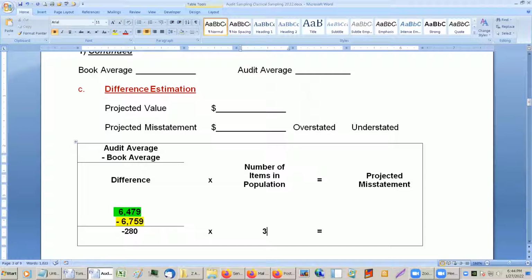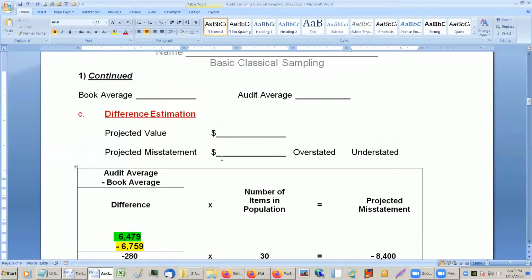So times 30. Projected misstatement, 8,400. It's negative here because this is how much they should take off basically. For the projected misstatement, we're not going to put a negative in there. It's just going to be a misstatement, and we'll see whether it's overstated or understated.